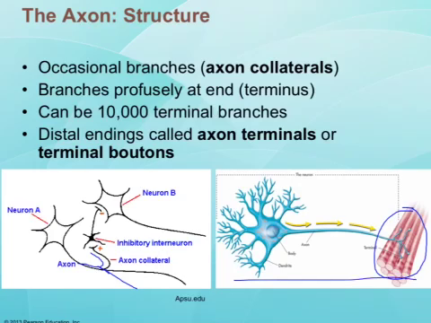So if it has 10,000 terminal branches, this neuron may target and control 10,000 muscle fibers. That's a very big group of muscle. So that is an axon, and you can see the distal end is the axon terminal, and the proximal end will be the cell body and also the dendrites.